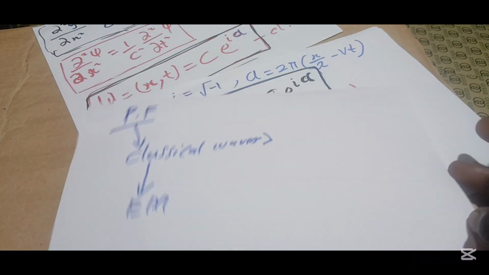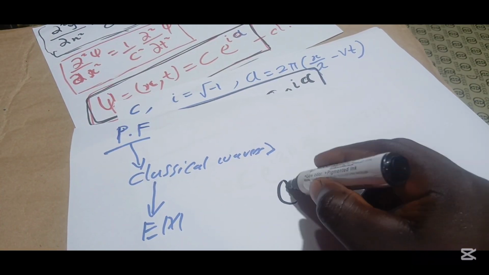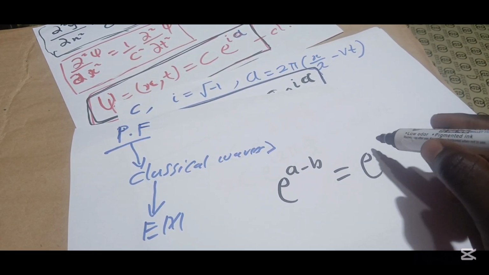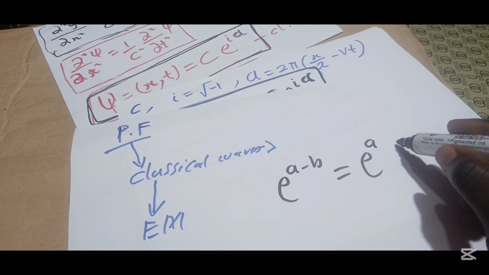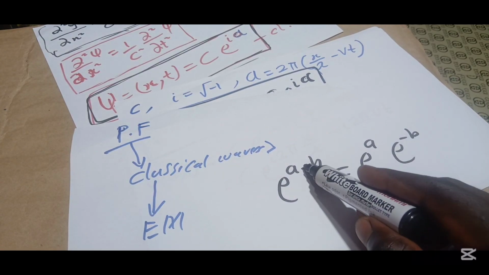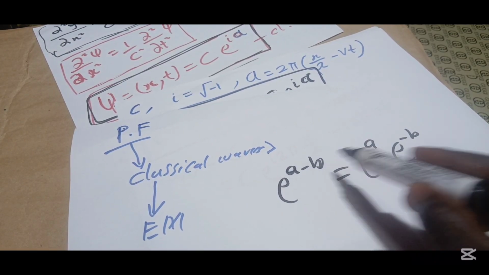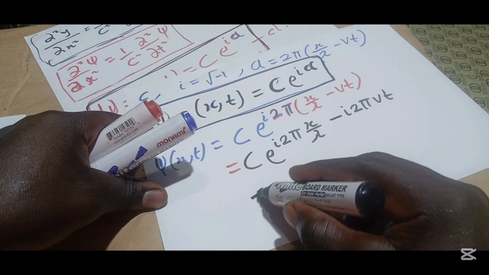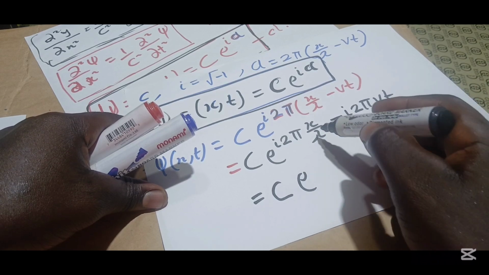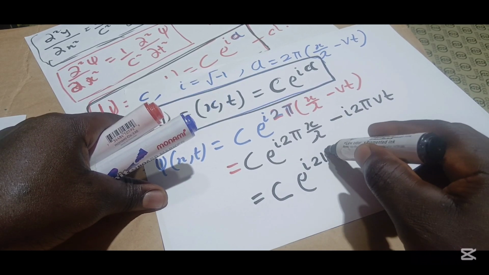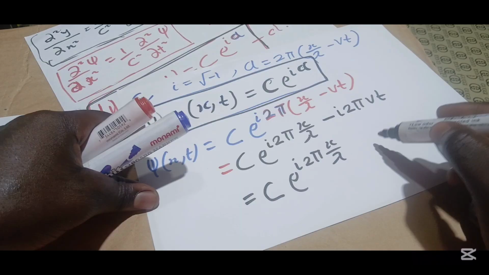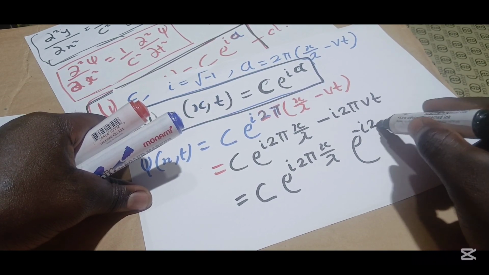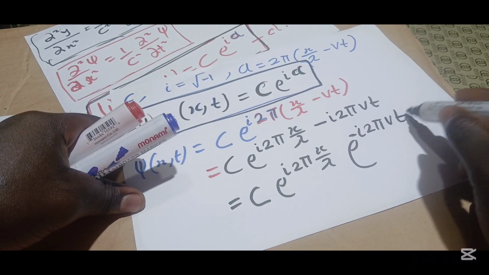And from our basic mathematics, we know that if we have e to the exponent a minus b, it is the same as e to the power a multiplied by e to the power minus b, right? Minus b here and a here. So let's do it that way. So we are going to get c e to the power this, which is i 2 pi x over lambda, and then e to the power minus i 2 pi vt.